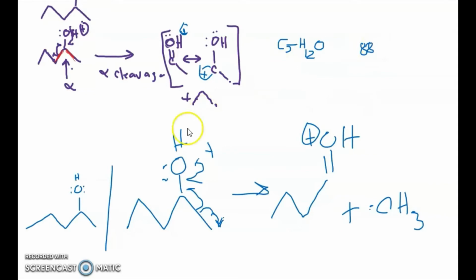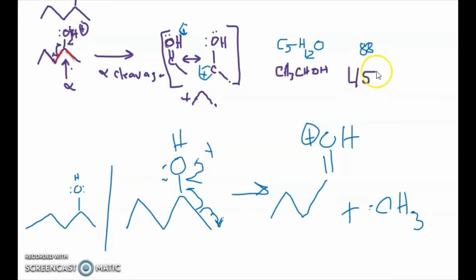And then these fragments, in this oxonium ion, we have CH3, CHOH, and that will give us our mass of 45.